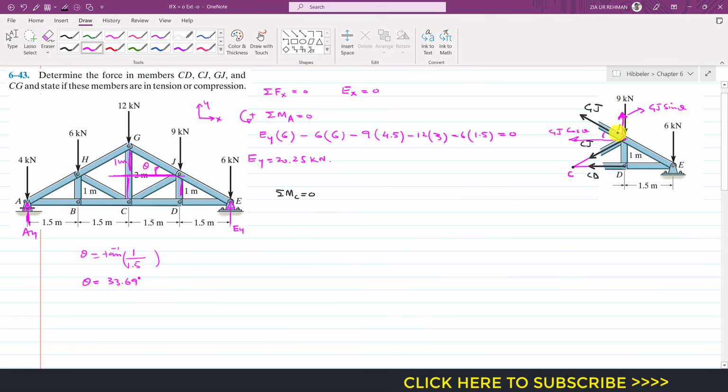So now as we can see that if I apply the summation of moment about point C, both of these will not come into our equation. So this cos component is producing the counterclockwise moment about this point C. So I will write GJ cos of theta, and theta is 33.69, and its perpendicular distance or the moment arm of this cos component from that point C is 1 meter.